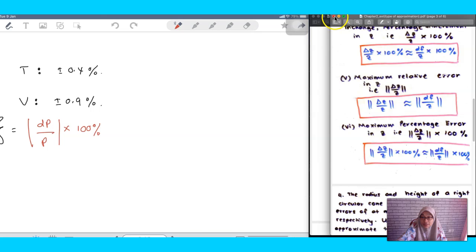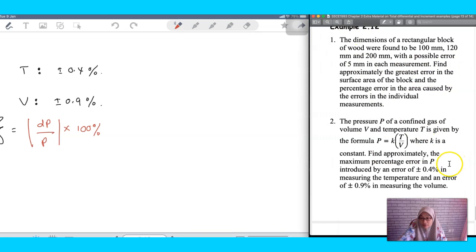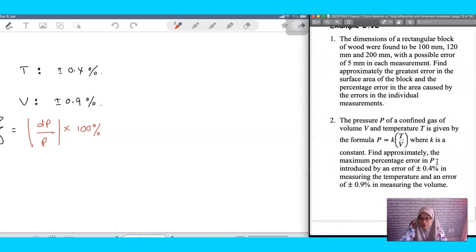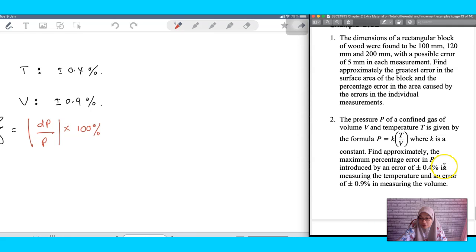Okay, back to the information provided. They said the error in temperature and the error in volume. You can eliminate the plus minus sign, because you might wonder whether to consider positive 0.4 or negative 0.4.